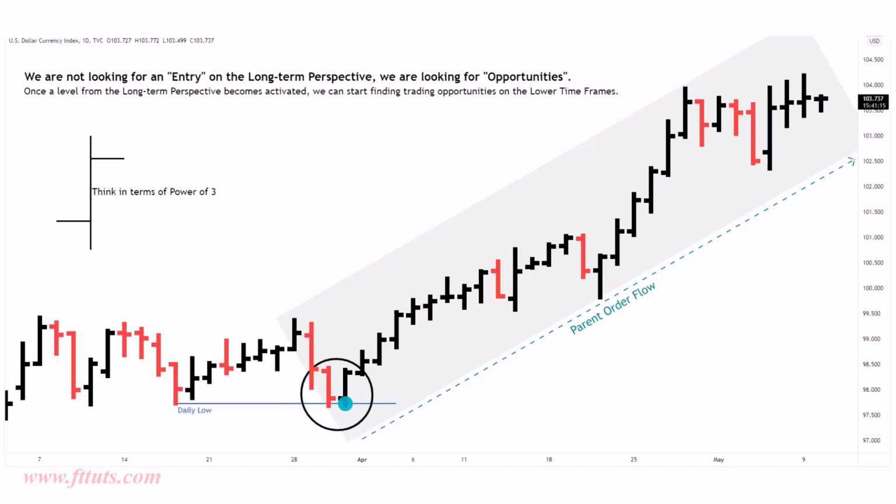Then once parent order flow gets activated, look at the power 3 for each candle. This makes it very easy for us to day trade, since we only have to wait for price to trade underneath the daily open, and we're going to be a buyer underneath the daily open.